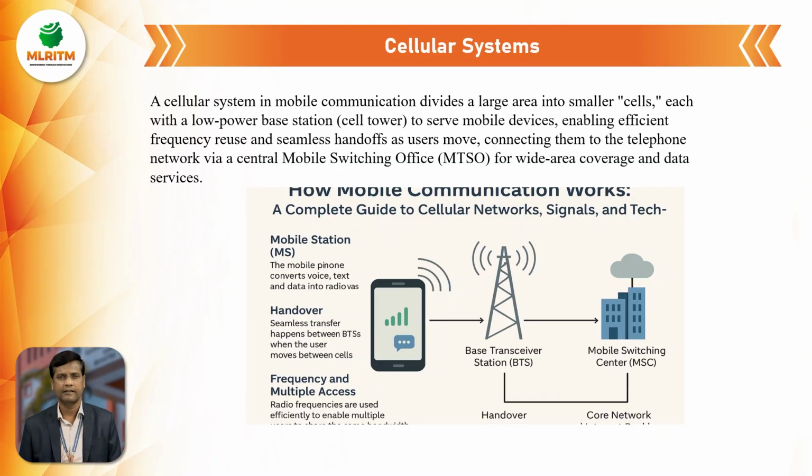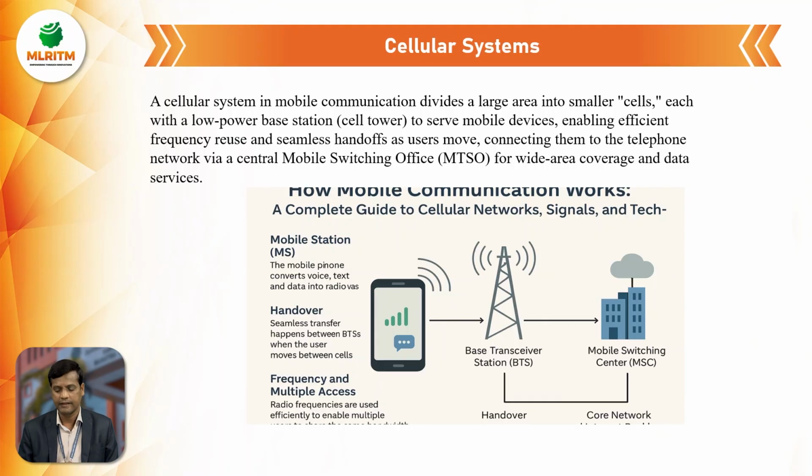We can call it a cell tower, serving mobile devices, enabling efficient frequency reuse and seamless handoffs as users move, connecting them to the telephone network via a central mobile switching office. The mobile switching office is nothing but the MTSO.